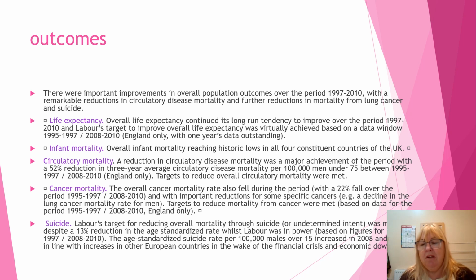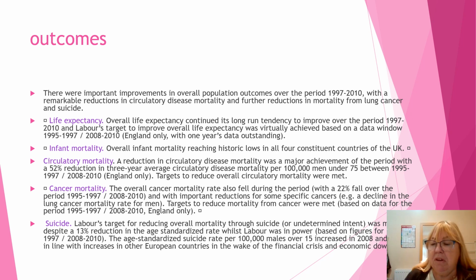Circulatory mortality, so those people suffering from pulmonary or heart disease: there was a major achievement there. They had a 52% reduction in the average of circulatory disease for men under 75, and they met all their targets for overall circulatory mortality. So this was really good.